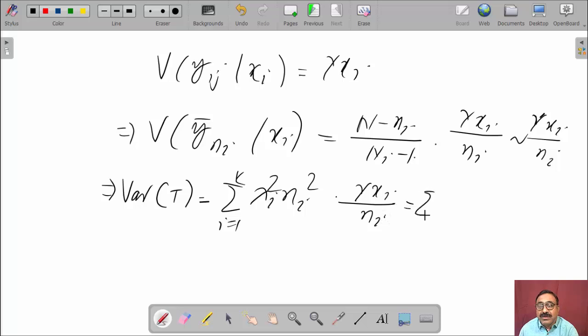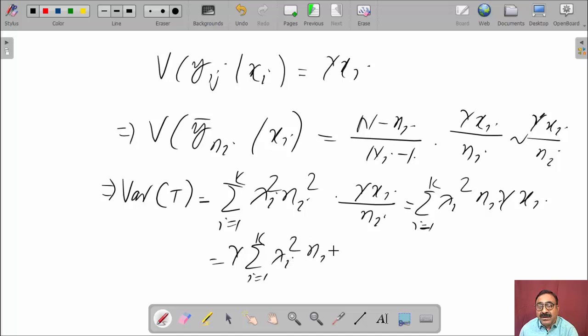So this is equal to summation i equal to 1 to k lambda i square n_i gamma x_i, that is equal to gamma summation i equal to 1 to k lambda i square n_i x_i. Now we have to determine the value of lambda i so as to minimize this variance of t subject to the condition of the unbiasedness in equation 1.